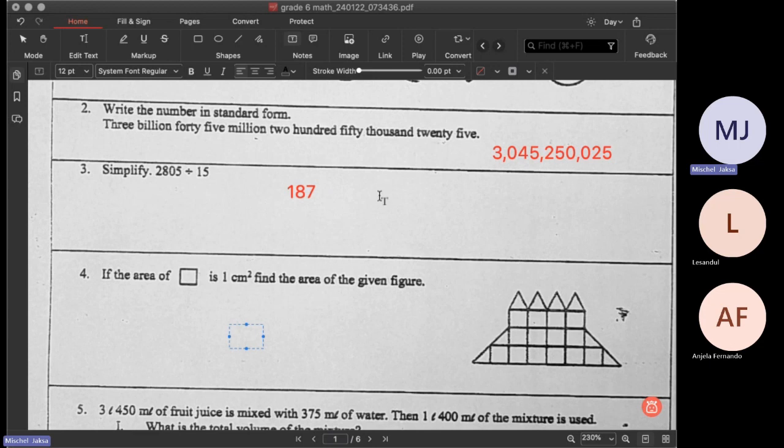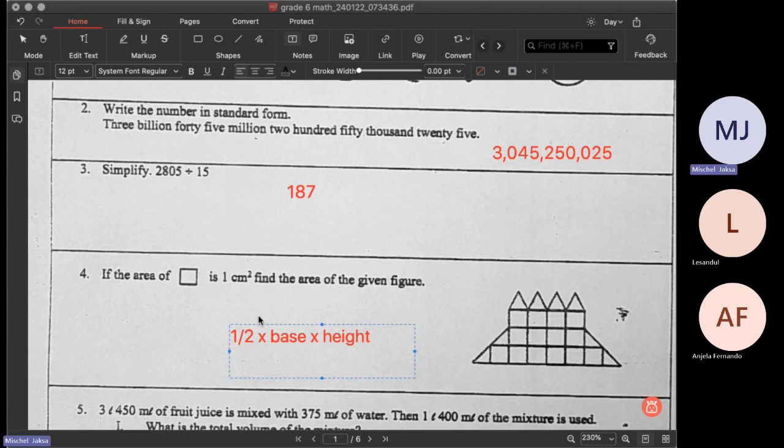No idea? So how are we going to calculate the area of a triangle? We can have half multiplied by the base multiplied by the height. Now what is the base and what is the height?